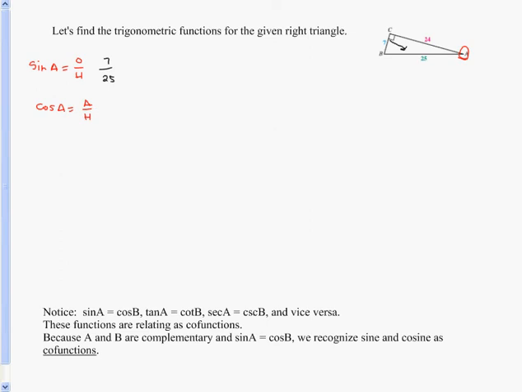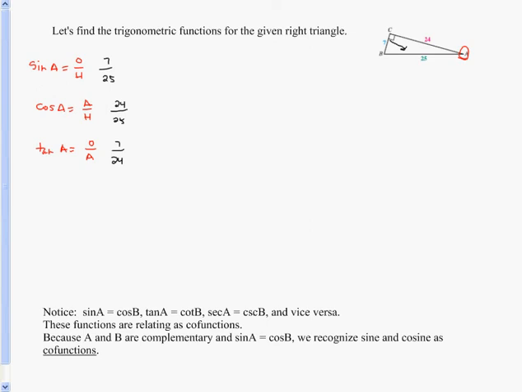If I'm looking at angle A again, the side adjacent is 24, and the hypotenuse is 25. And then lastly, we have tangent of angle A, which is the opposite over the adjacent. The opposite of angle A is 7 and the adjacent is 24.